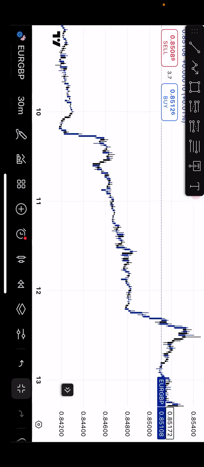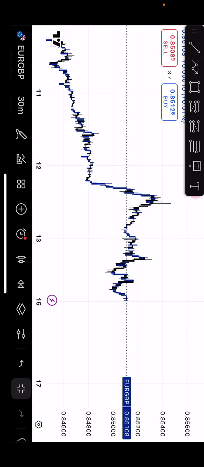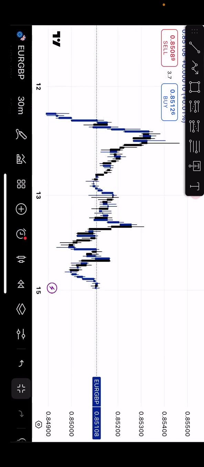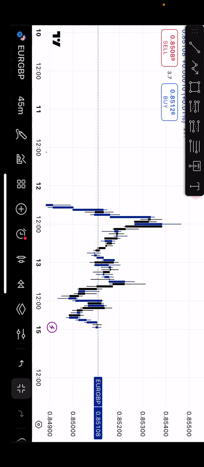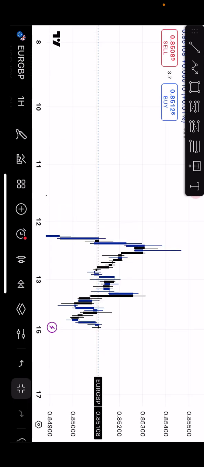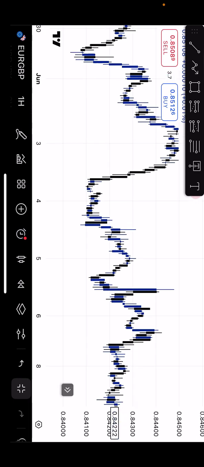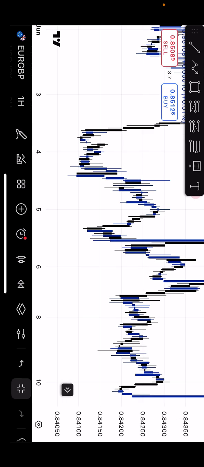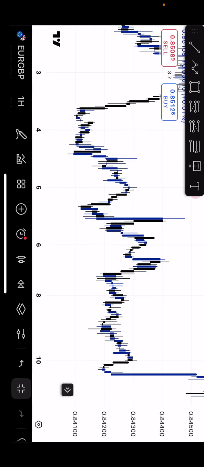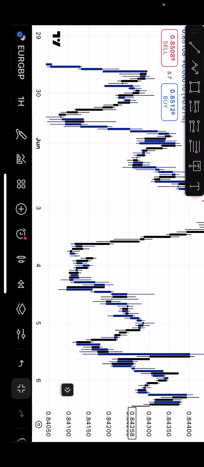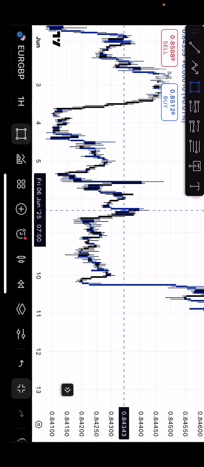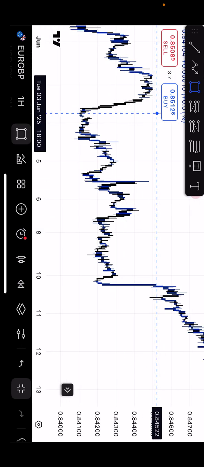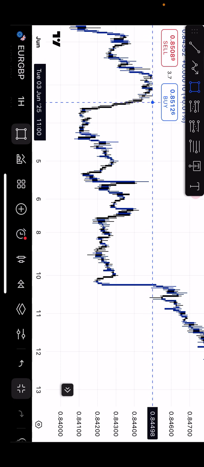Let me use another chart. Okay, let me use this chart so that you guys will understand. Let's take a look at this region.